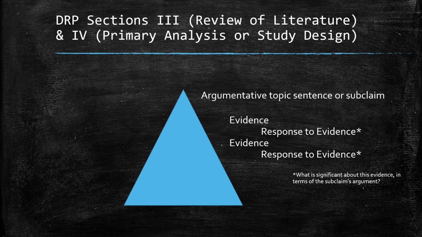And so you will use direct quotes here or paraphrase text that's cited, and then you will respond to the evidence. Now, when you respond to evidence, particularly if I'm stuck, I often like to use the phrase, this is significant because. So if I use a direct quote, I follow it by this is significant because, and I finish that portion of the sentence out.